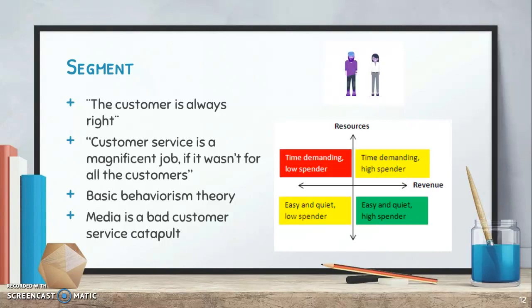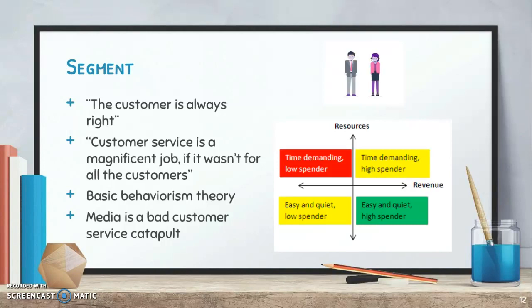There are people that are easy and quiet, but they're low spenders. We do not require a big amount of effort to keep them around, so we do want them in our business. We have some customers that are easy and quiet, but they are high spenders. We should pay special attention to them because when they get mad or they do not like something, they will just not say anything and stop buying.